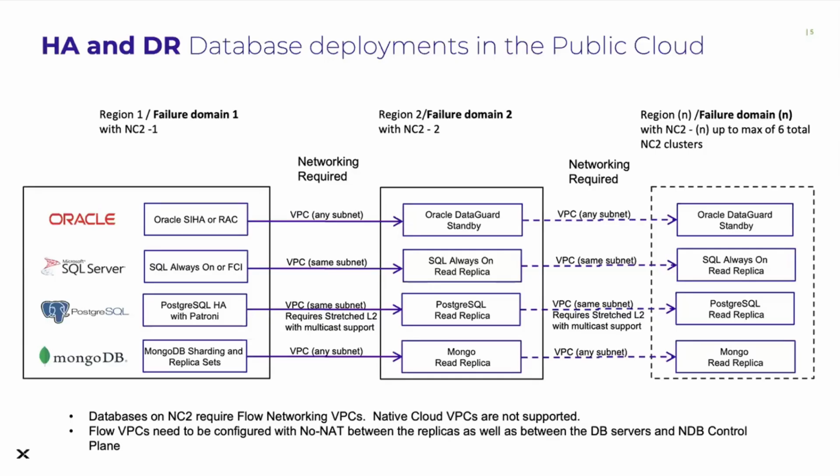It also provides a full overlay stack with its own virtual private networks. And so to use this type of technology, you do need to use Nutanix Flow VPCs, overlay VPCs, for hosting NDB in the cloud, as well as all of the databases and their replicas or standbys. So you can't use the cloud native VPCs.